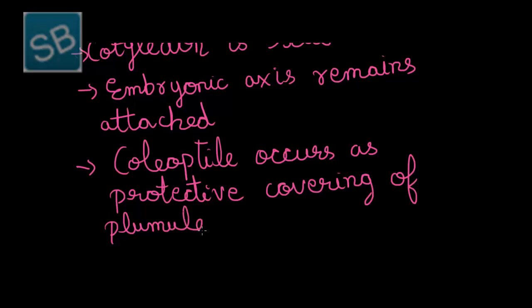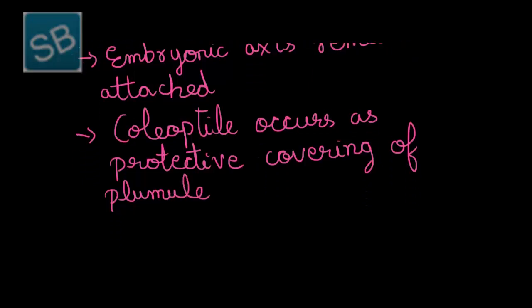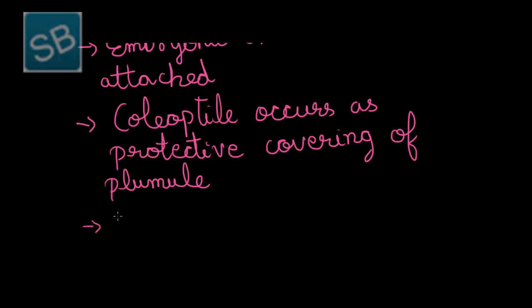And the second structure, that is coleorhiza, occurs as a protective covering of radicle.